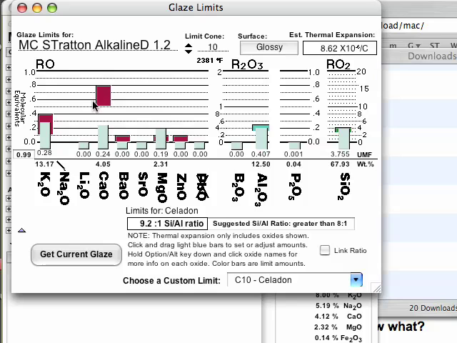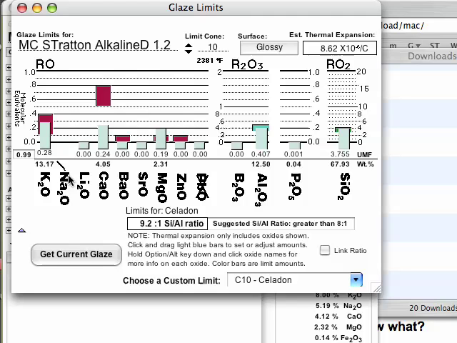But most cone 10 Celadons are really dominated by the alkaline earths, usually calcium, well, always calcium oxide, but sometimes they have a little bit of magnesia. We actually have more magnesia than they call for on average, and a little less than half the calcium.